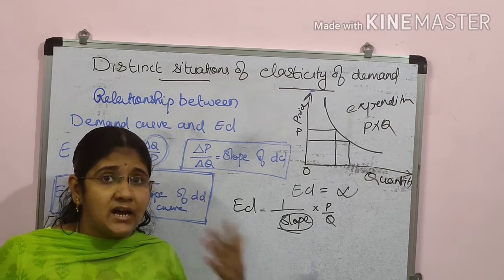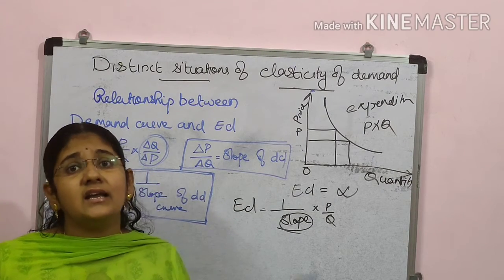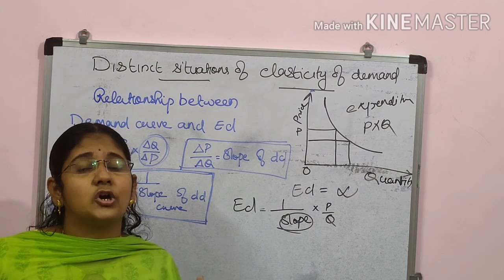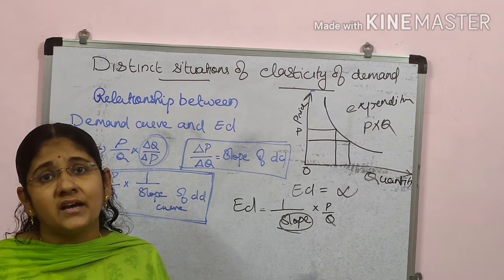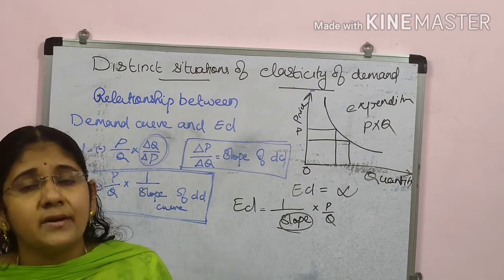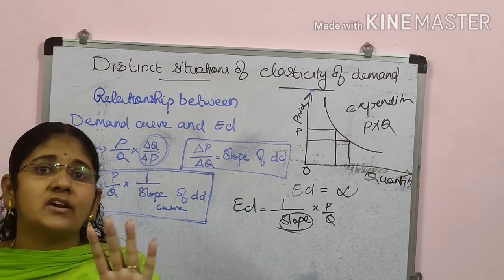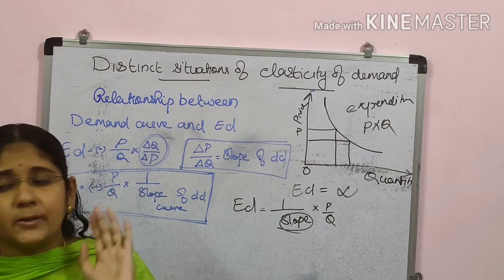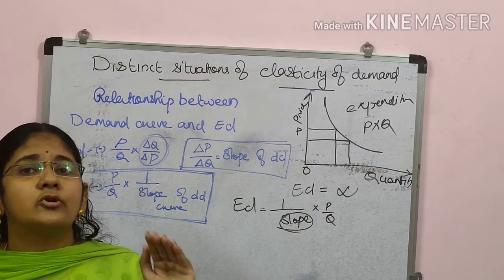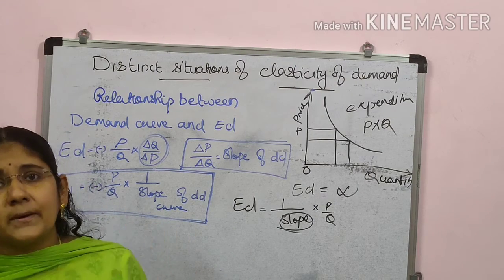We can say it is highly elastic. Then in the second case, I told you elasticity of demand remains 0. Whatever the price of the commodity, people will purchase a particular amount of the quantity.